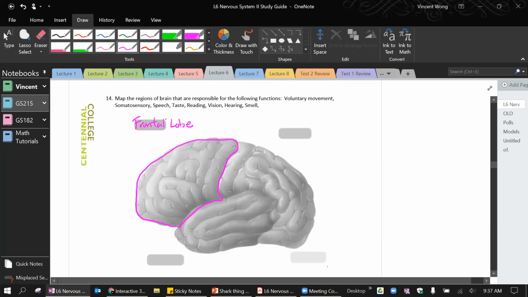So the frontal lobe is responsible for speech, voluntary movements, higher order thinking, consciousness. All these things are going to be happening in the frontal lobe.